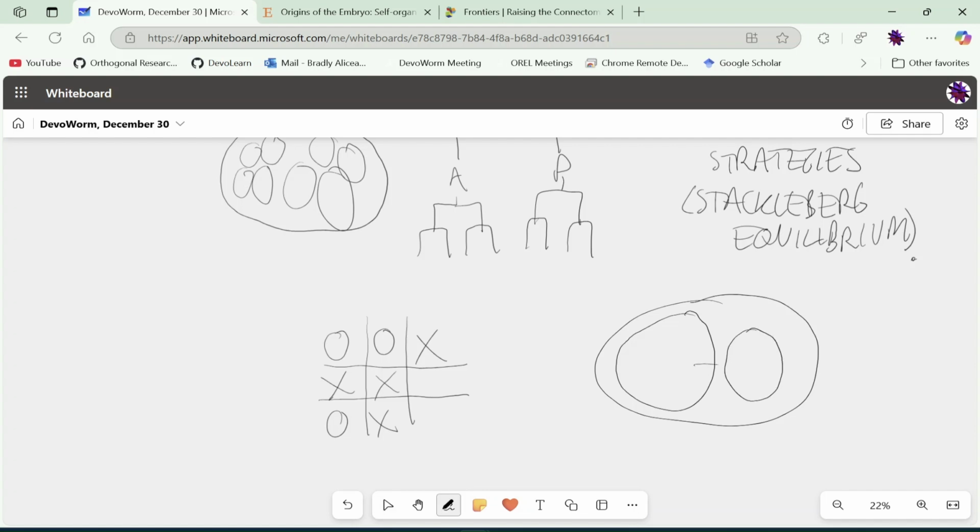So if we have an asymmetric division in terms of size for these two cells, this anterior cell has a sort of first mover advantage in that it's larger, and when it divides, if it divides in half, it'll retain that advantage in terms of how much of the embryo it's occupying. So spatially, it has a first mover advantage.